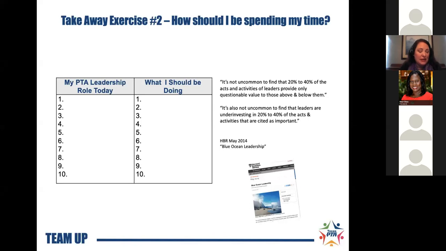Where could you be spending your time and getting more impactful or sustainable or long-lasting results? Could you be spending time developing relationships with administrators or other key stakeholders? Could you be growing and encouraging new leaders? Could you be providing training?